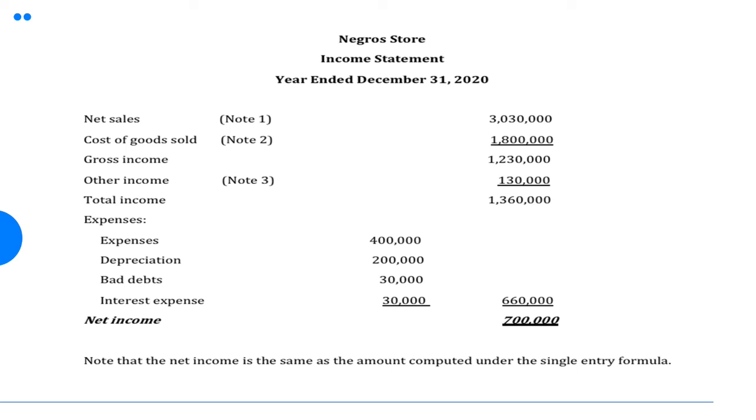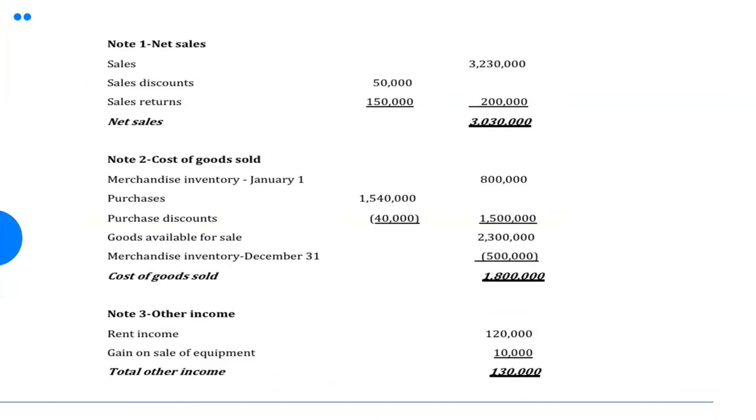Expenses 400,000. Depreciation 200,000. Bad debts is 30,000. Interest expense 30,000. The total expenses is 660,000. Total income less total expenses, the net income is 700,000. Note that the net income is the same as the amount computed under the single entry formula.